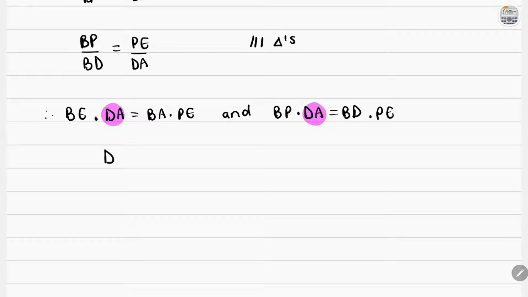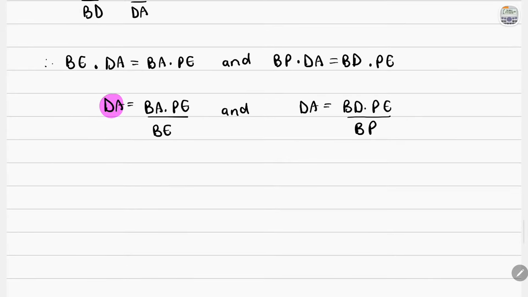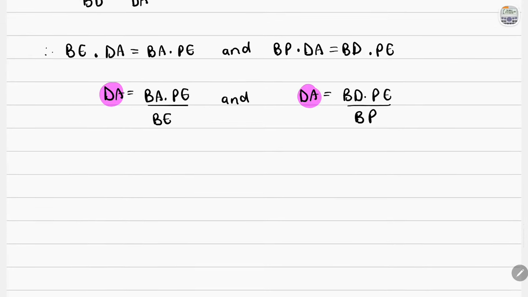So to leave dA alone, you're going to rewrite this as dA equals BA times PE over BE. And this one would simplify to dA equals BD times PE over BP. And naturally, because dA and dA are the same thing, we could equate them.